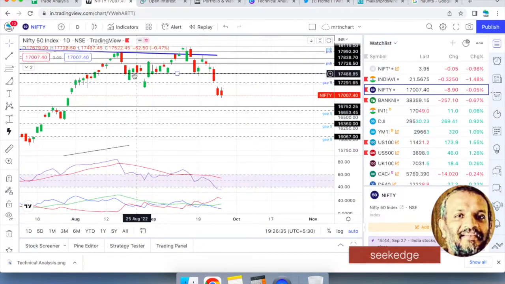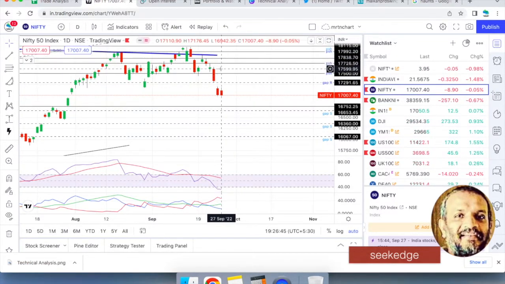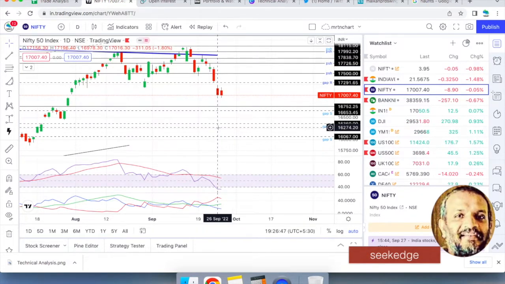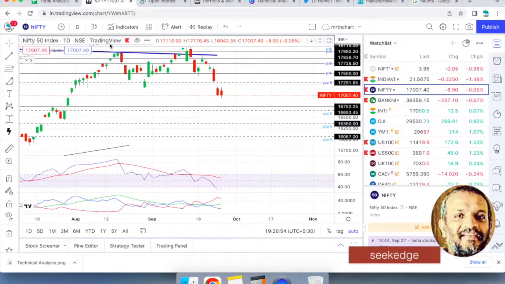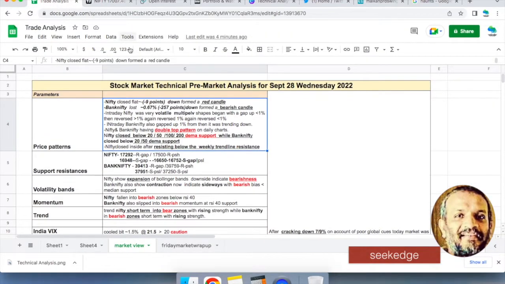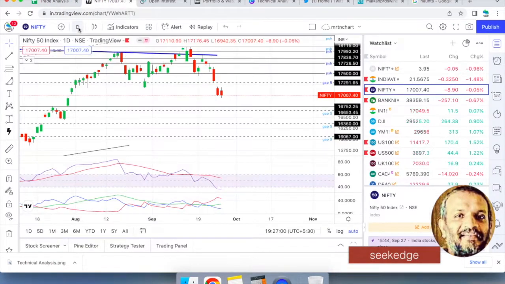M pattern, double top, two times it tried to break out of this zone. Normally it moves to the height of the width of the M. That much of movement is to be expected if it works out. It's no guarantee that it moves that much, but it is a clear indication of bearishness that you see from the M pattern.